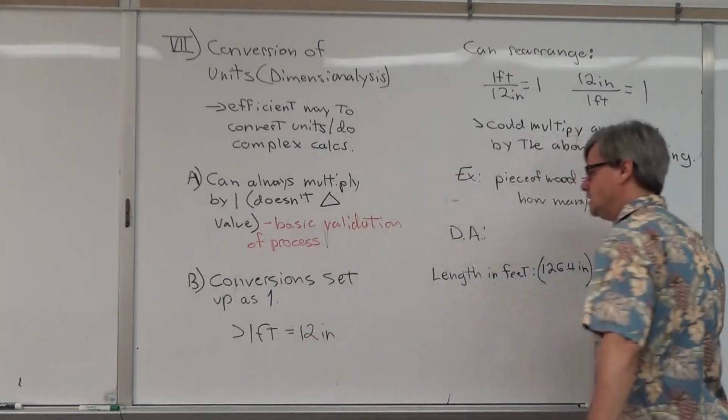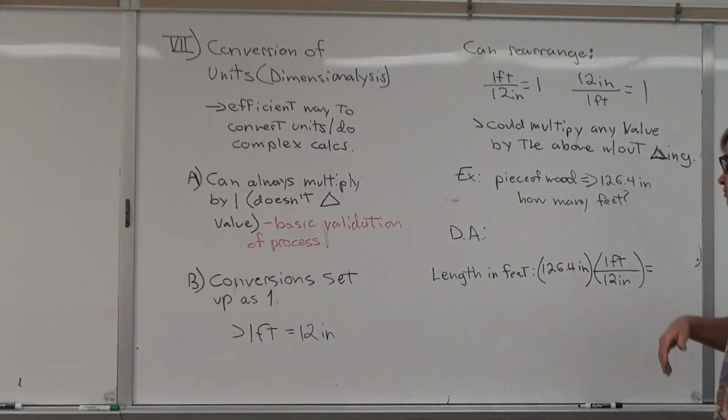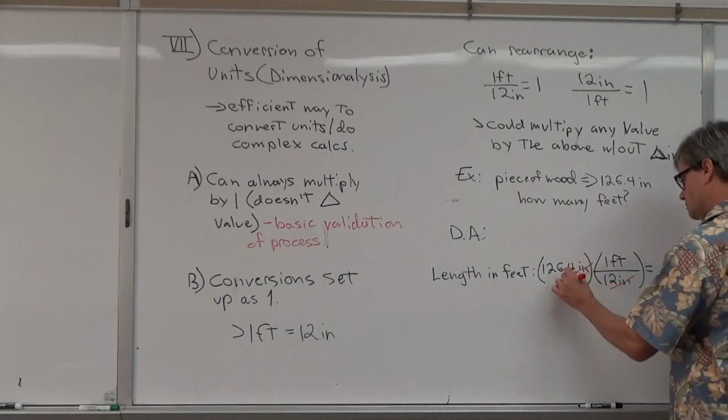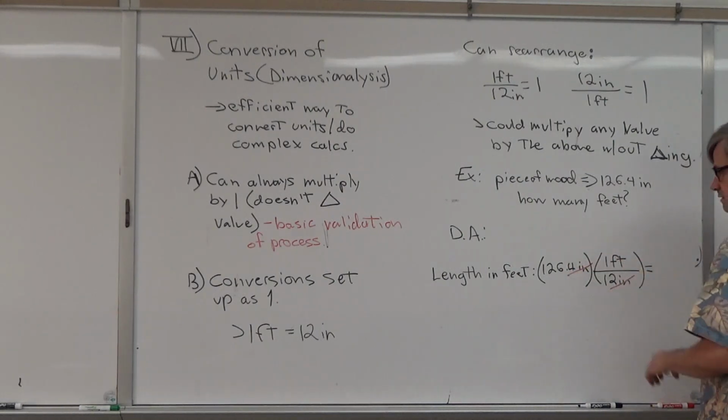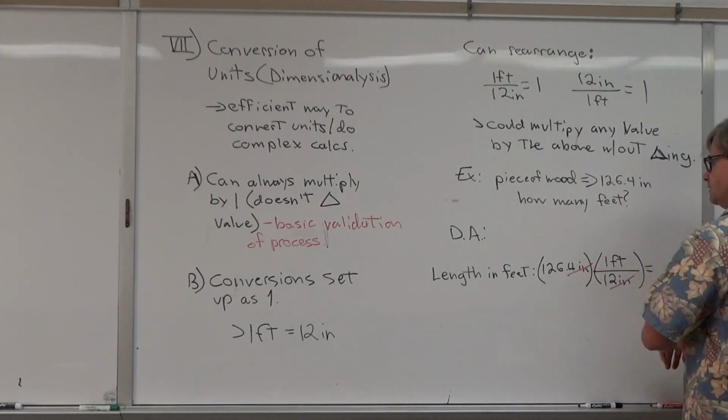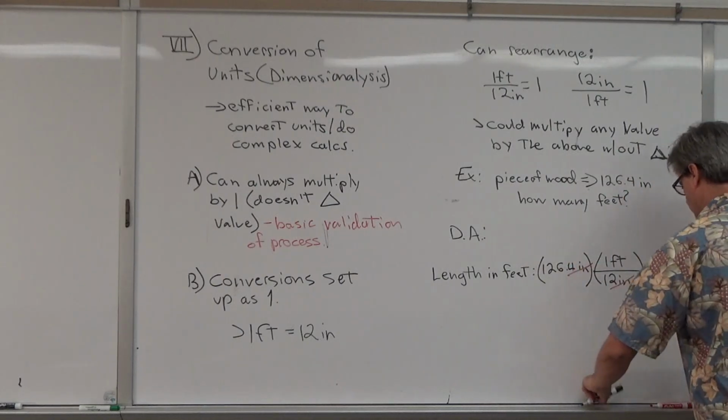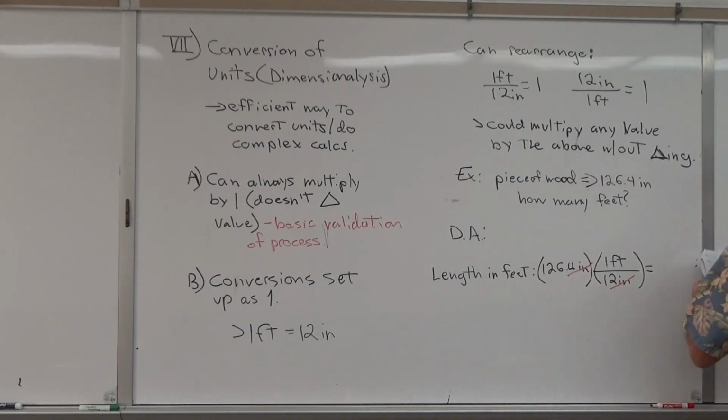Any units on the numerator in one and the denominator in the other can cancel. These cancel. You're left with feet. That's what I was trying to get, so I know I did the problem right. And so that's going to be 10.53 feet.